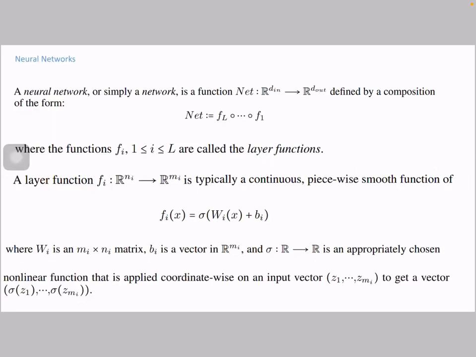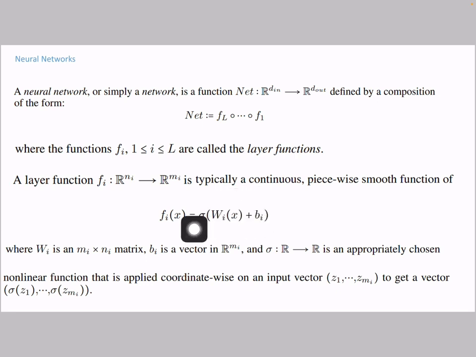Before we move further in our discussion, let's define neural networks precisely. A network is a function from R^d_in to R^d_out that consists of a composition of other simpler functions called layer functions. Each layer function usually consists of an affine part, so you have a matrix W and a vector b. That's the affine part.